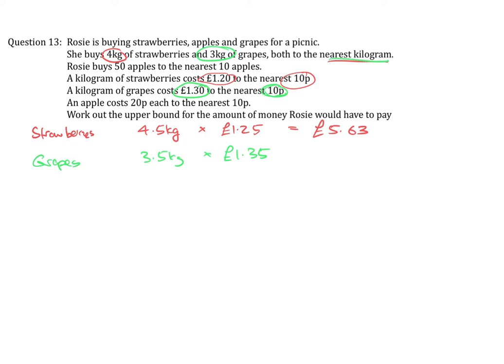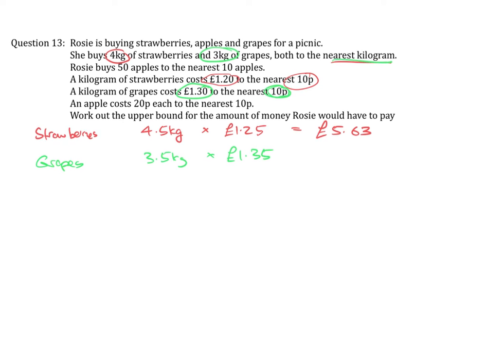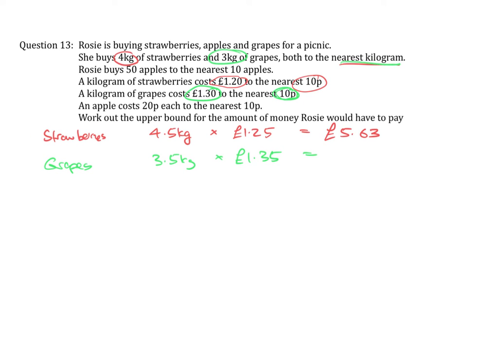We take our 10 pence, we half it, and we add it on. So the upper bound of the cost of the grapes is going to be 3.5 multiplied by 1.35. And that's going to give us an answer of £4.73. It's actually £4.725, but we'll round it to the nearest penny.